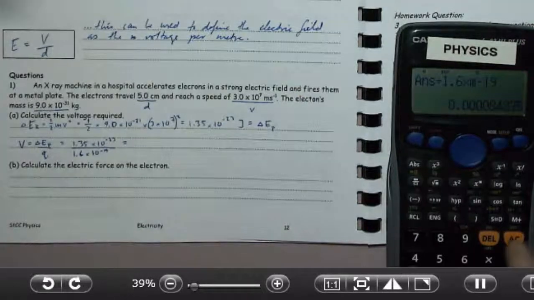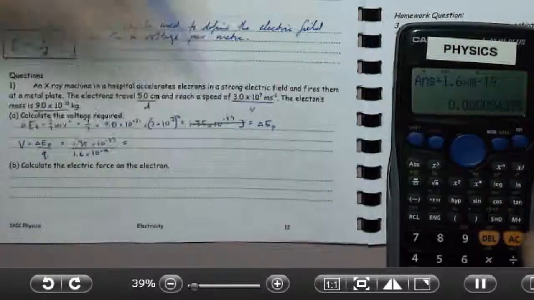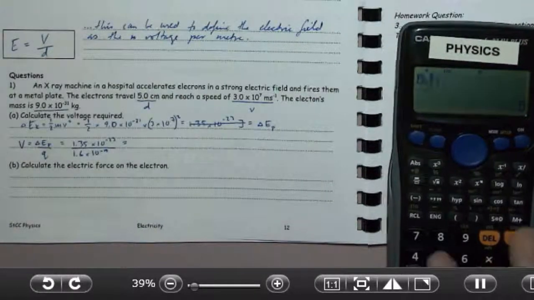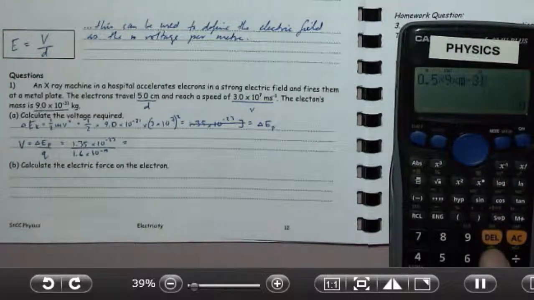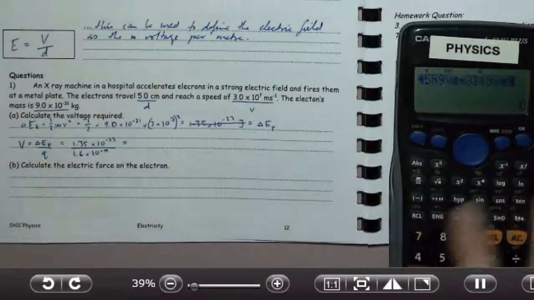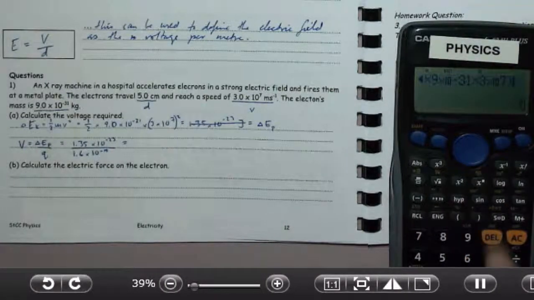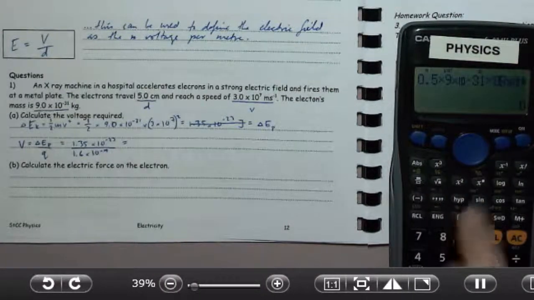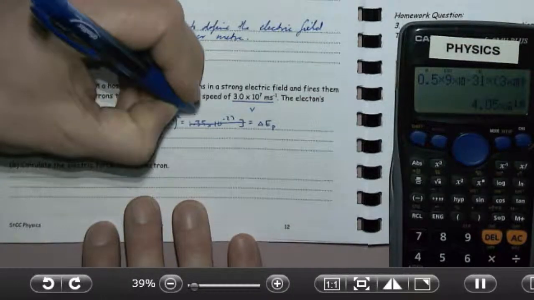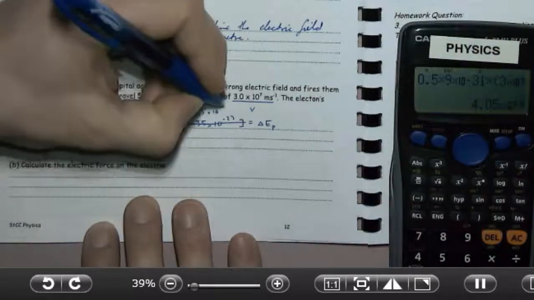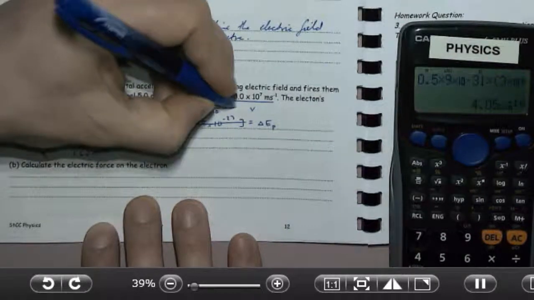Okay, so let's try that again. This answer is not correct. So that's 0.5 times 9 times 10 to the power negative 31 times 3 times 10 to the 7. Let's put brackets around that and square it. And it's actually 4.05 times 10 to the negative 16 joules.